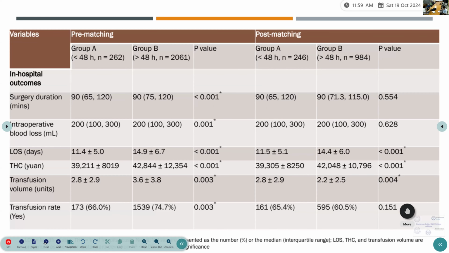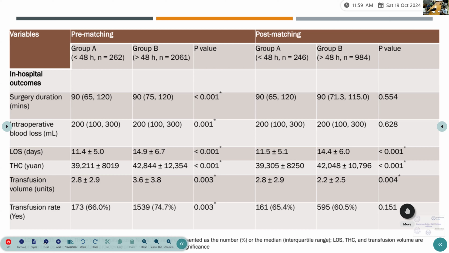Then if we look at some of the in-hospital outcomes, the median surgery duration is 90 for both group A and group B before matching, but the interquartile range is slightly higher. So group B surgery is a little longer, and even after matching, even though the numbers look a little higher in group B, again the p-value goes up.